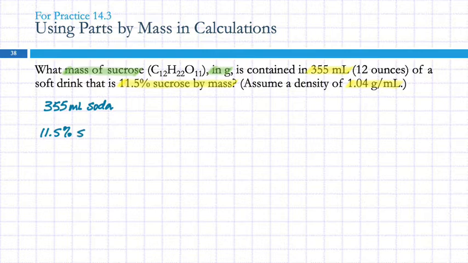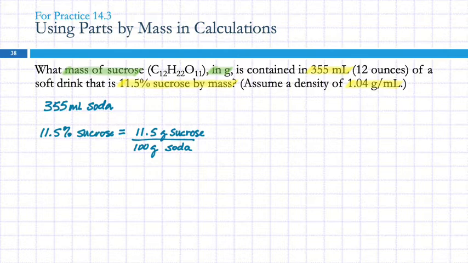I think sucrose is easier. By mass. So what does that mean? 11.5 grams per 100 grams. So that many grams of sucrose per 100 grams of the solution, which we're identifying as the soda.